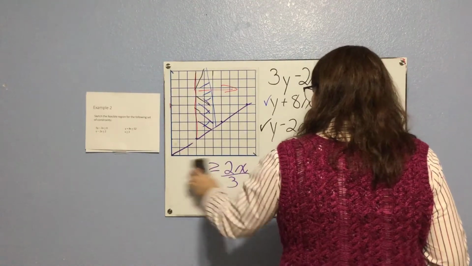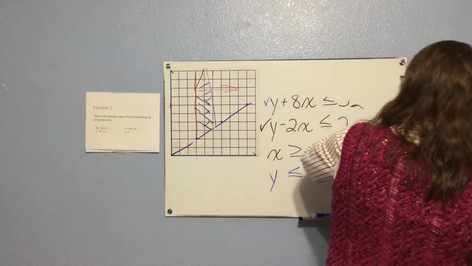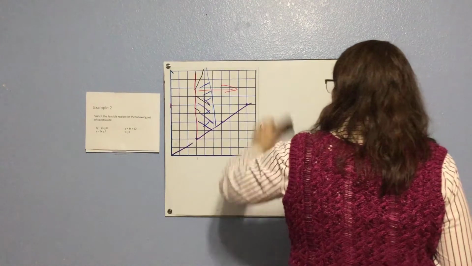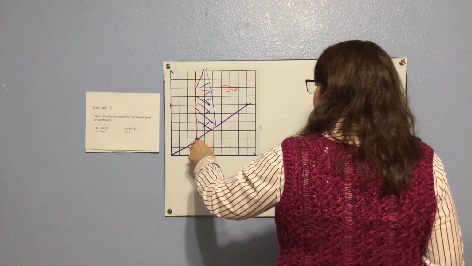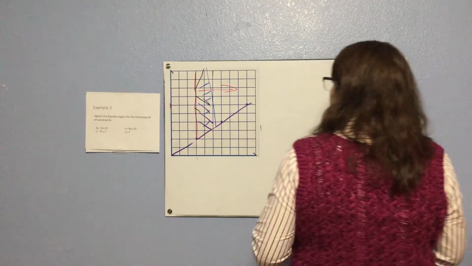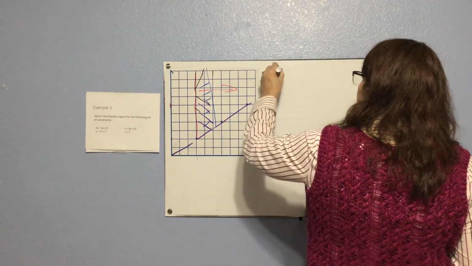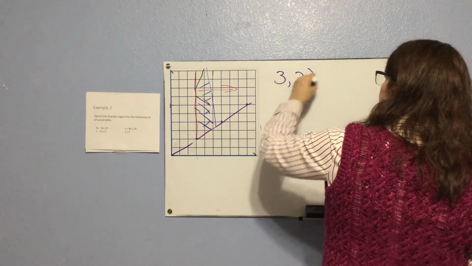Okay, some of these points are not difficult to find. Some of them are going to be a little more challenging. For instance, this point is 3, 2.